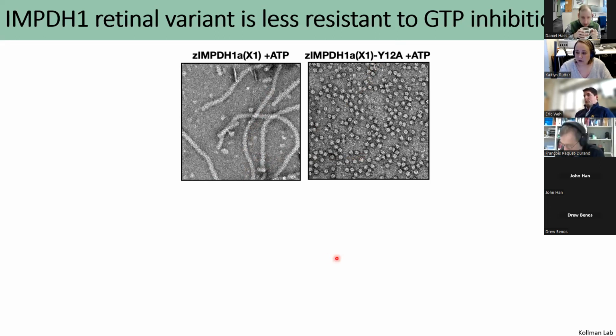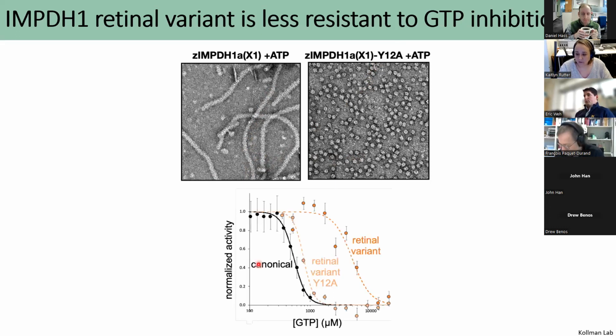An additional thing that the Coleman lab can do really well is measure IMPDH activity in vitro at different concentrations of GTP. So if we take the canonical IMPDH without the N and C termini, we can see that at a certain concentration of GTP, it becomes inhibited.